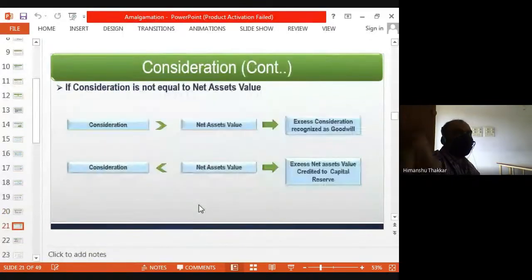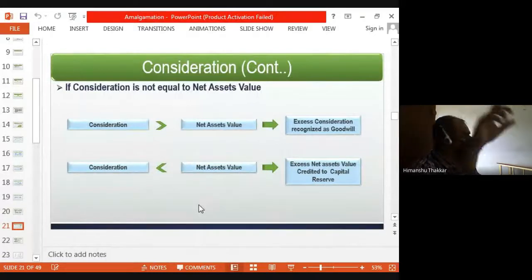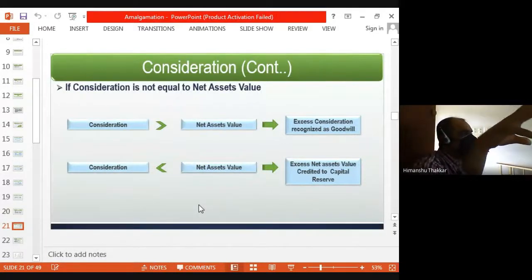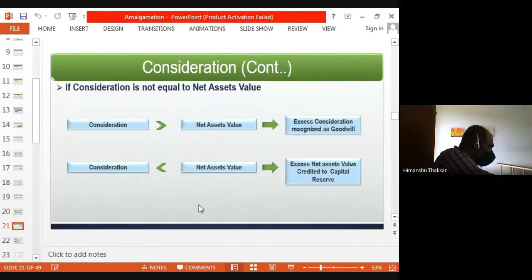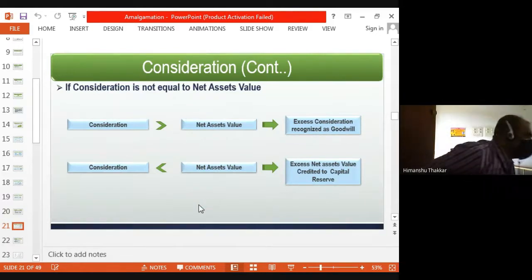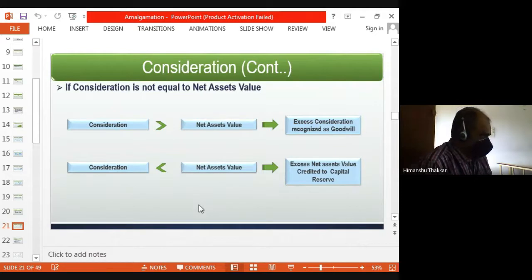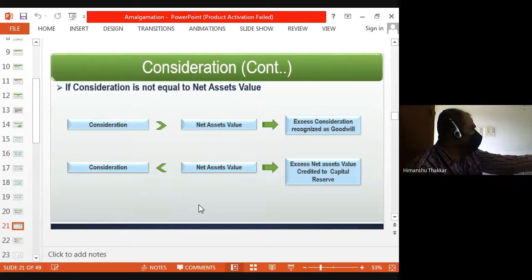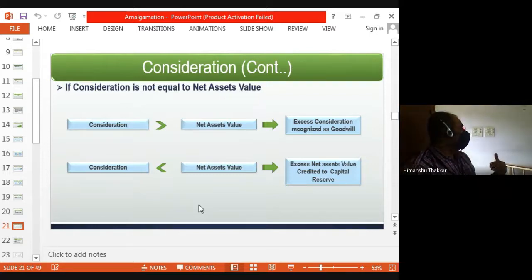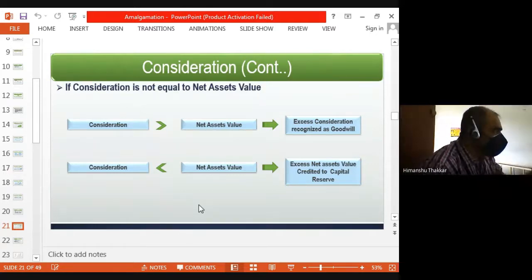So you compare in purchase method, not the two shares. You will compare how much consideration you have given with what assets you are getting. I hope you know what is net assets. Assets minus liabilities, net assets. So if you have paid more, the consideration is more, and the assets that you have received are less, the more amount is lost for you.